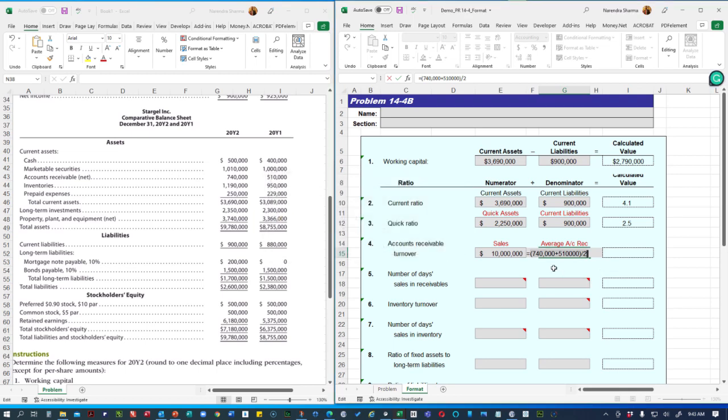So that would be, okay, there is some problem with the formula. Let me do it again.